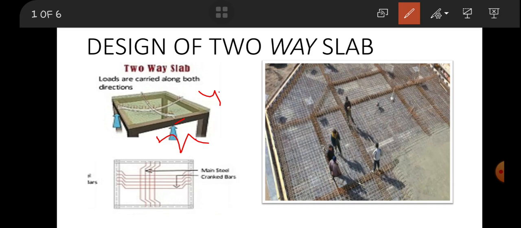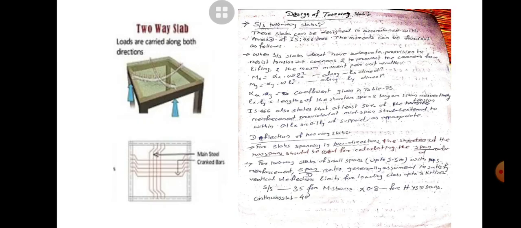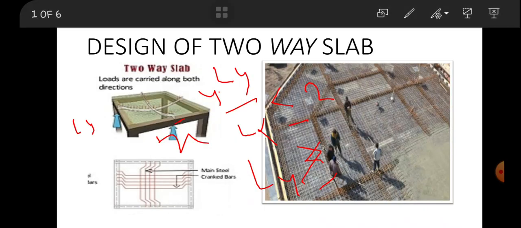As the x and y direction lengths are nearly the same, that is ly by lx is less than 2, that is ly nearly equal to or greater than lx.